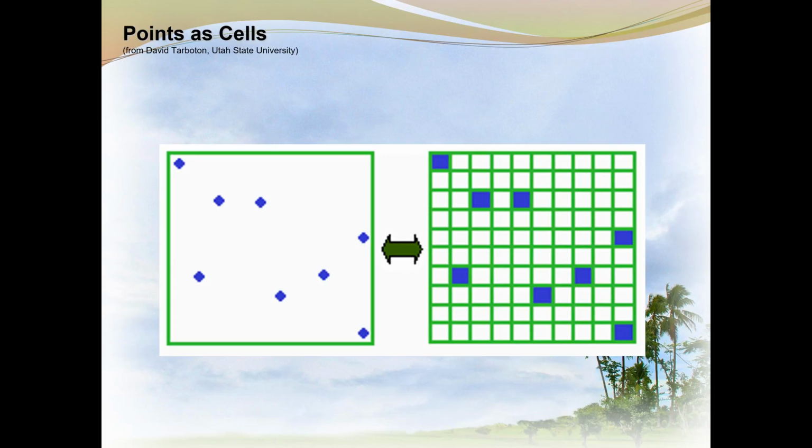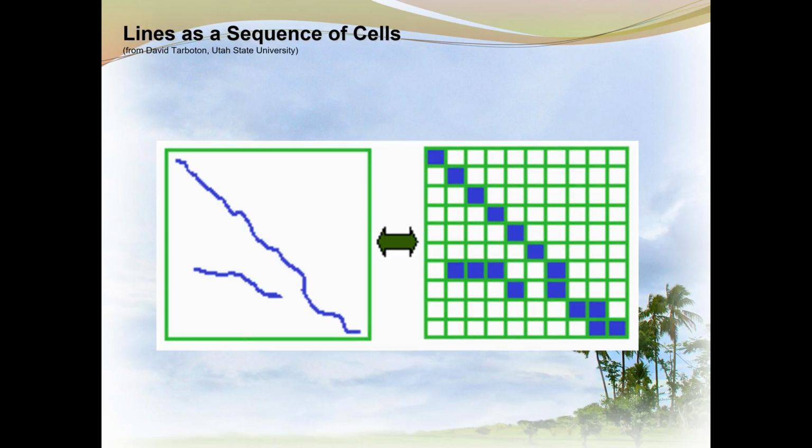So points as cells. We can have a point as a cell that represents it like this, and points as lines, a line, a monitor here.